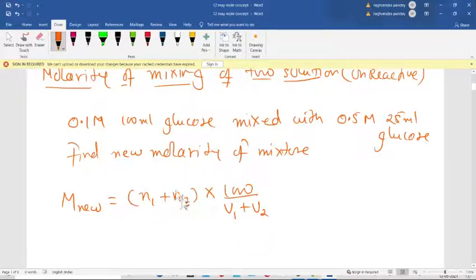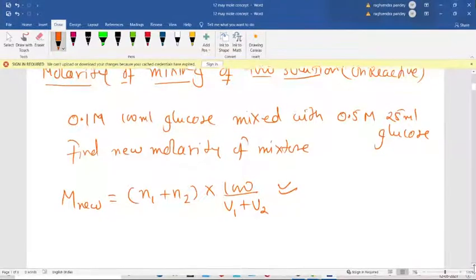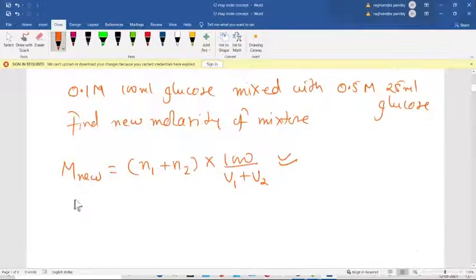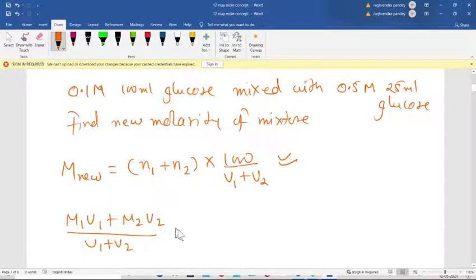So this is one formula. You can find the number of moles and then put the values. Then another formula is m1 v1 plus m2 v2, divided by v1 plus v2, is equal to m.